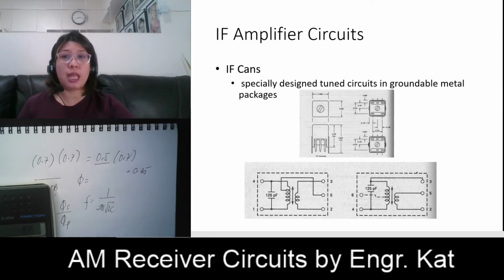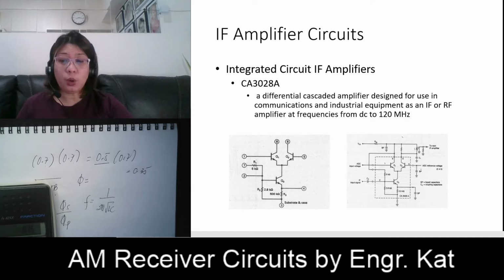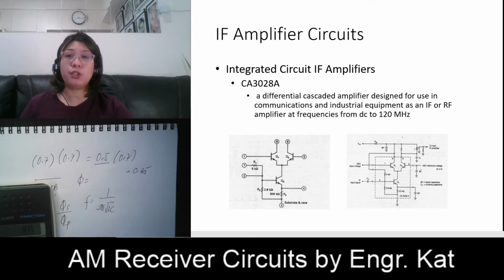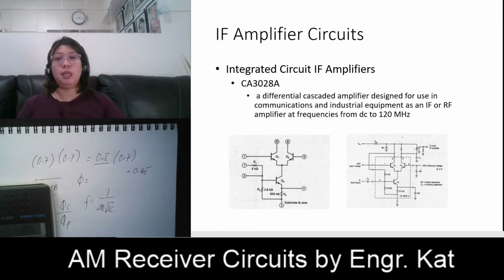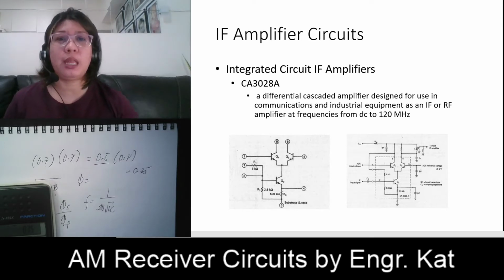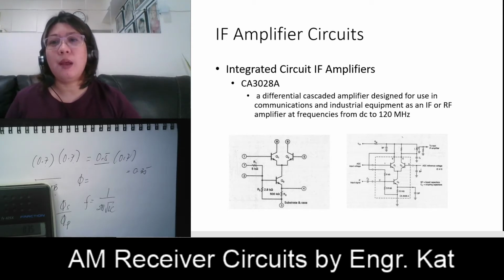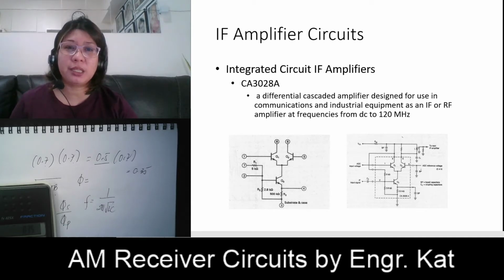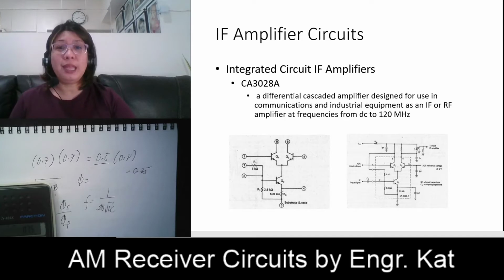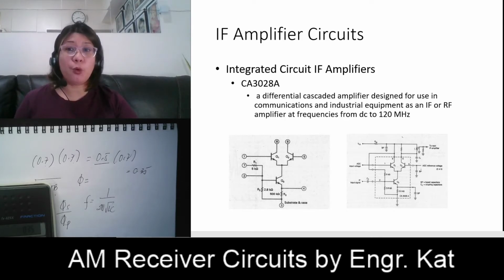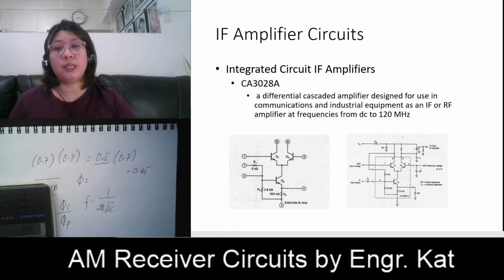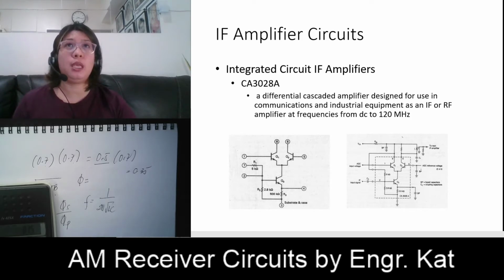So this is a type of amplifier circuit. IF amplifier circuits may also come in IC form, so we call this the integrated circuit IF amplifier. We have here an example, the CA3028A. This is a differential cascode amplifier designed for use in communications and industrial equipment as an IF or RF amplifier at frequencies from DC to 120 megahertz.